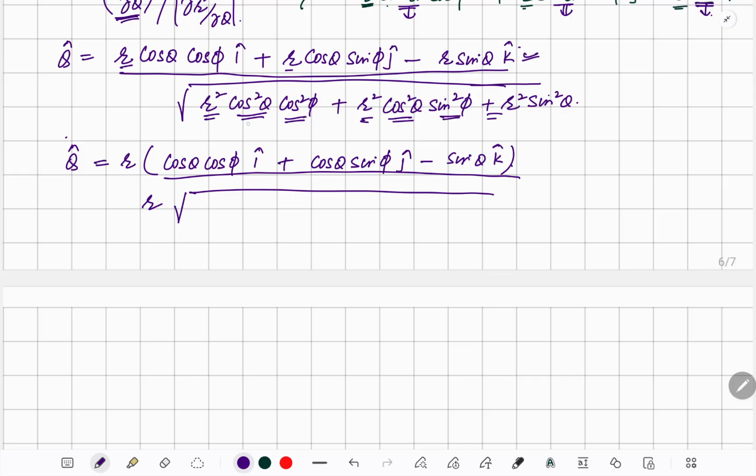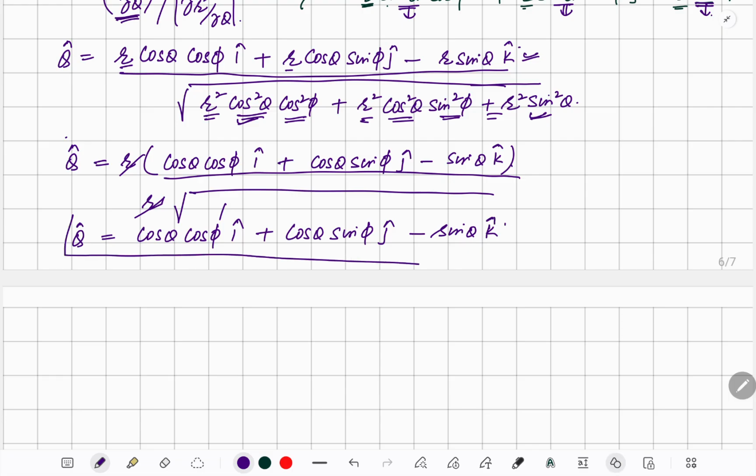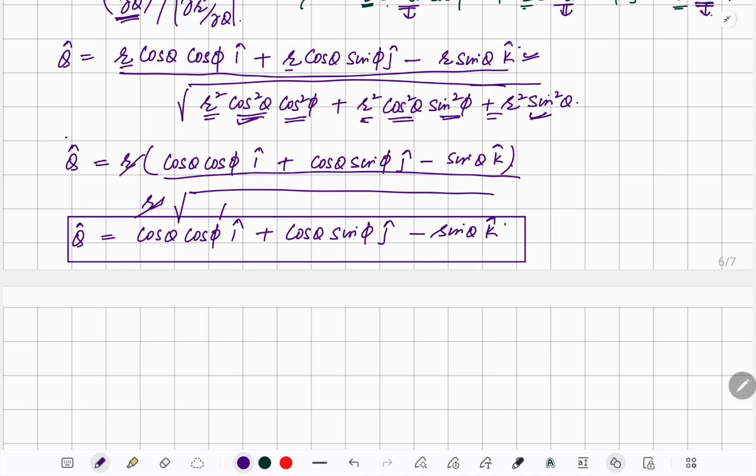Then that cos square theta will combine with sin square theta, that would be 1. So it's 1, and this r will go with this thing. So theta cap is given by cos theta cos phi i cap plus cos theta sin phi j cap minus sin theta k cap. This thing is theta cap.